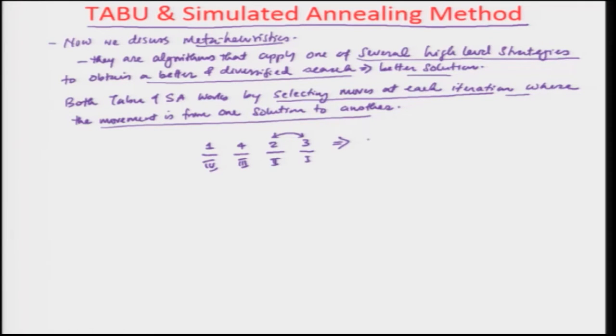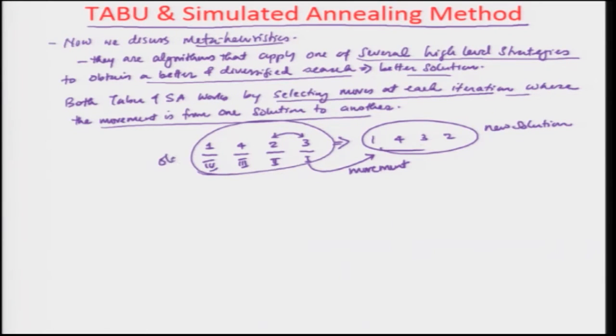So we move to a next solution, 1 4 3 2, and see whether this is the new solution. Okay, this is called movement. So this is the old solution, and you move from one solution to another. You are not really changing one thing. You are actually moving from one solution to another, right? And you continue until you find the best possible solution.